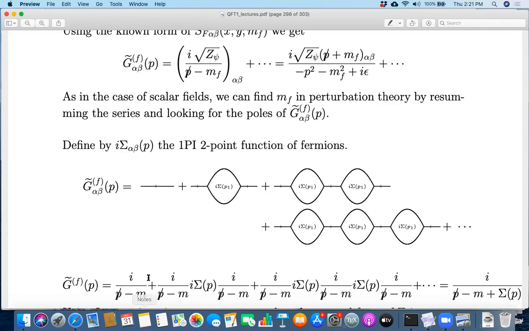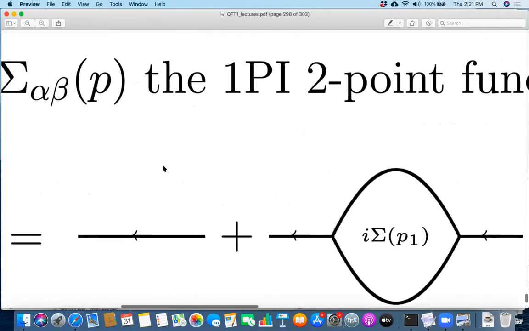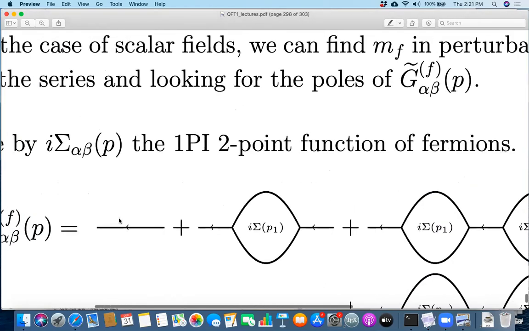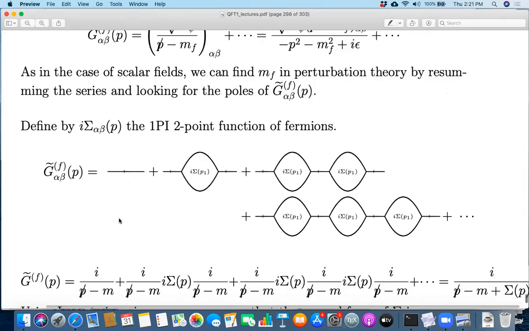So what I've written here is i over p slash minus m. That's this term, and perhaps it's not very visible, there are arrows. Basically the left index is alpha, the right index is beta, and the arrow goes towards the side. That you should keep in mind.